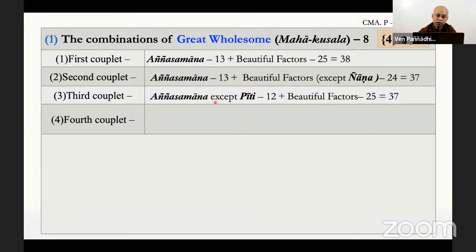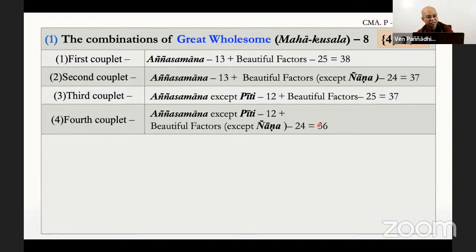But because the feeling is Upekkha Sahagata for the third couplet, it becomes the piti exception, the 37. So for the fourth one, 36, because there's no piti and also no nana. So this is 36.